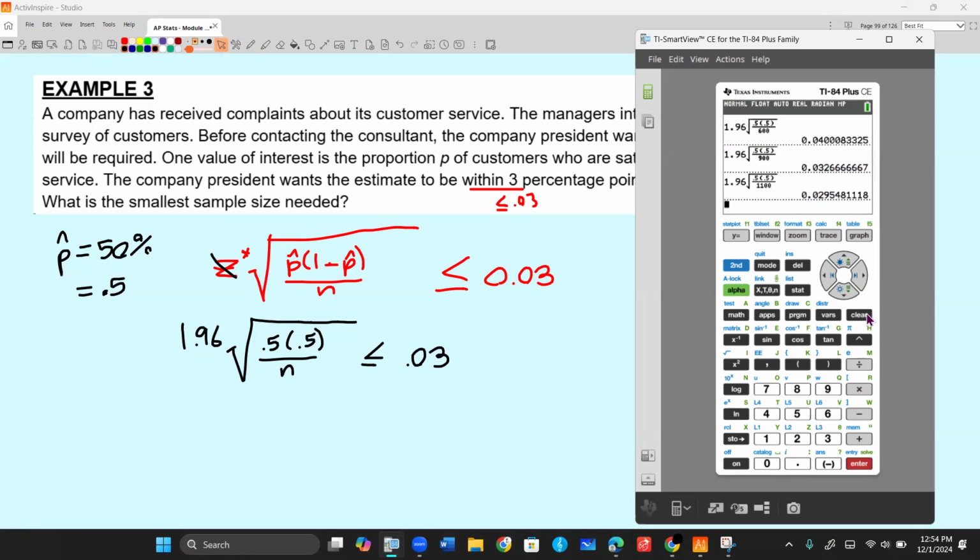So if you do want to use your calculator to solve that, you can do something like this. Go to your y equals, and do 1.96 square root, second x squared, alpha y equals for the fraction, 0.5, 0.5, and down here just call it x.